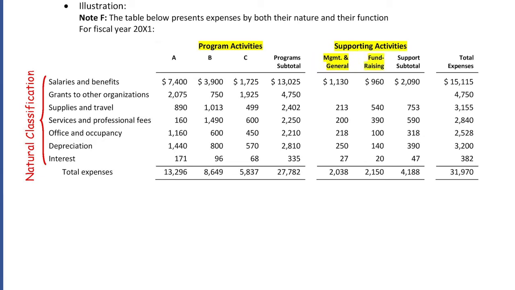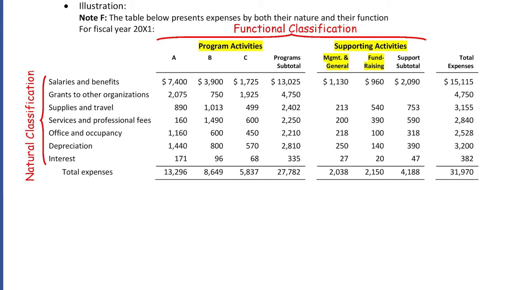Draw a bracket around program and supporting activities and write the functional classification. So as you realize, all the expenses are reported by both the nature as well as their function.